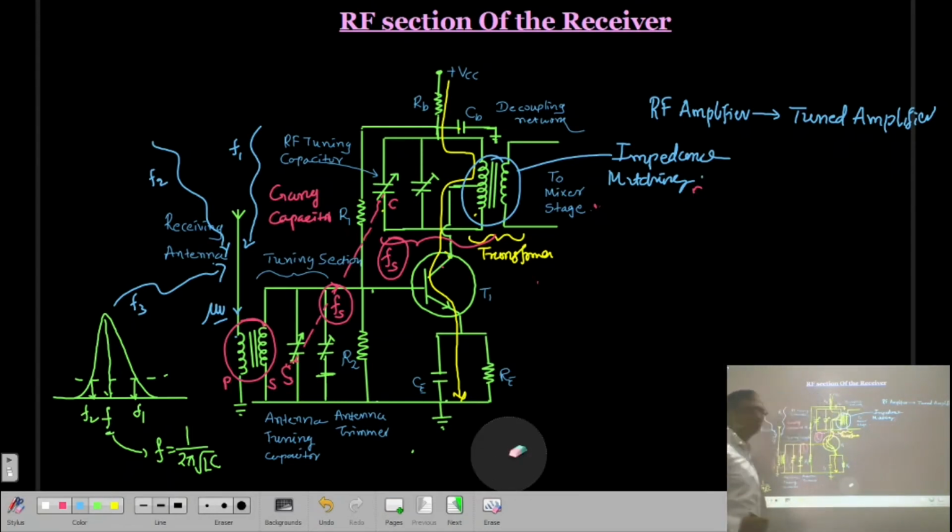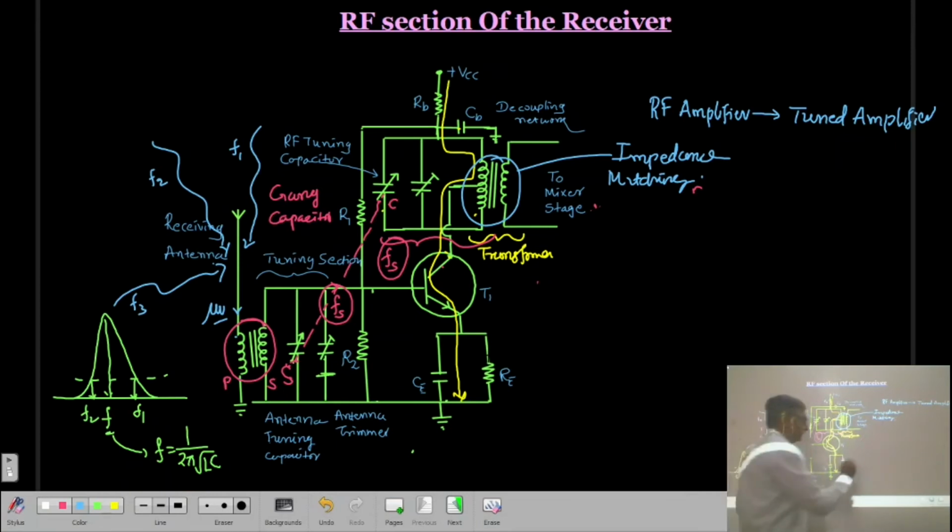What kind of impedance matching will be there? Because here the output impedance of the RF amplifier, and this output of the RF amplifier is given to a mixer stage.